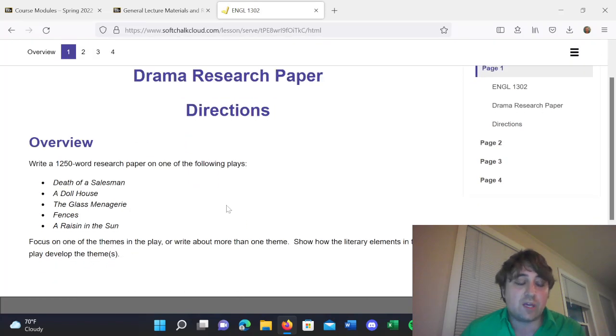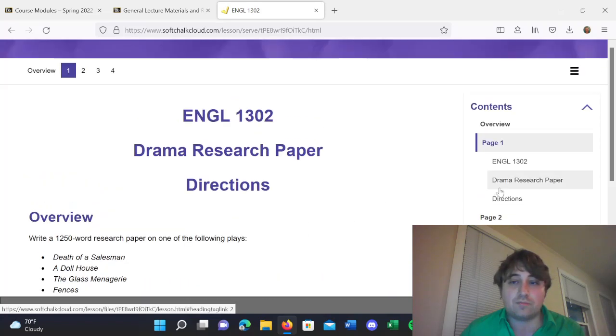So I assume because we're reading Fences and A Raisin in the Sun for class, I assume most of you will choose those two. But if you have read, and perhaps you have read, one of these other 3 plays, or if you've seen one of these 3 plays, they are options as well.